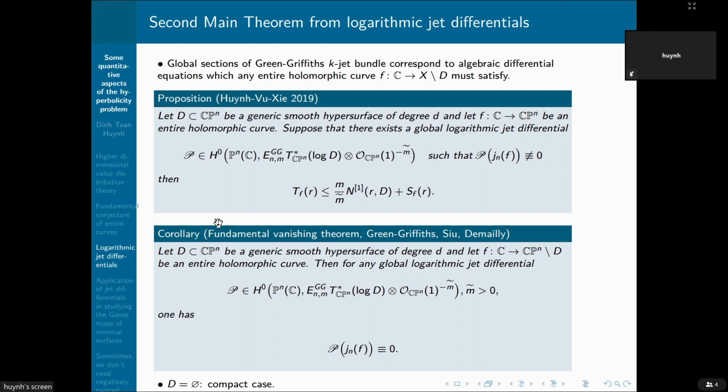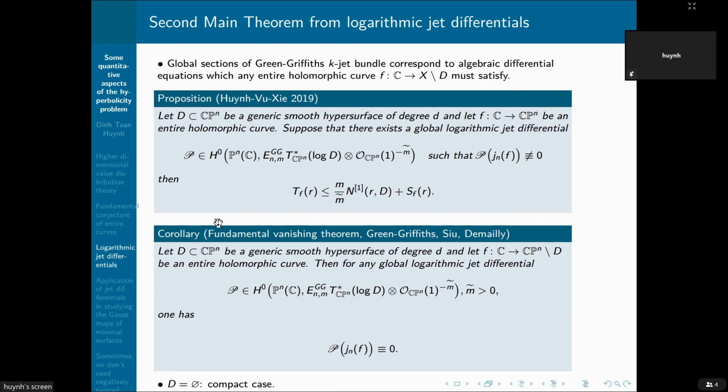It's important to remark here that if you have higher vanishing order, then you get better second main theorem estimates. So then it's very natural to ask what kind of best ratio m over m theta we can have here. So certainly from this one, you can deduce the fundamental vanishing theorem.